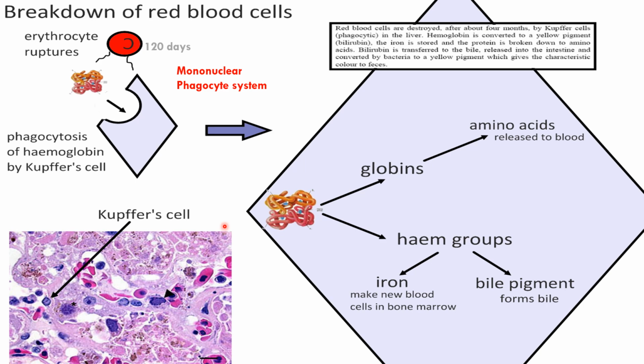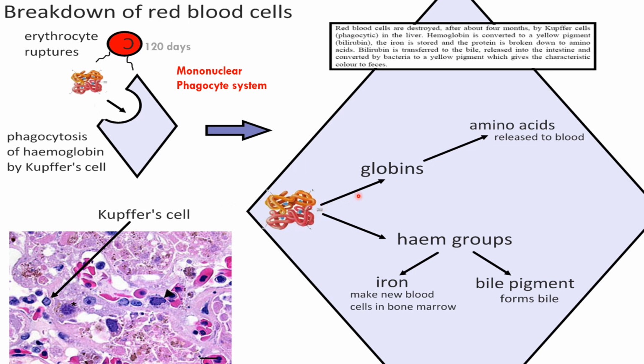So the hemoglobin is converted. As the RBC is destroyed after 120 days, the hemoglobin gets converted into biliverdin.